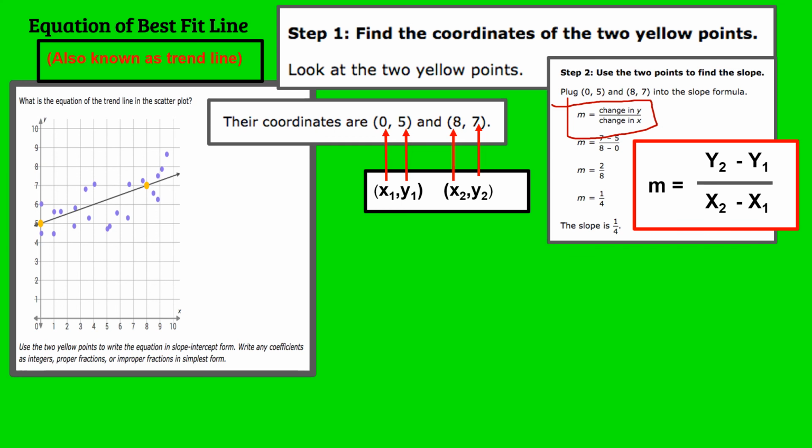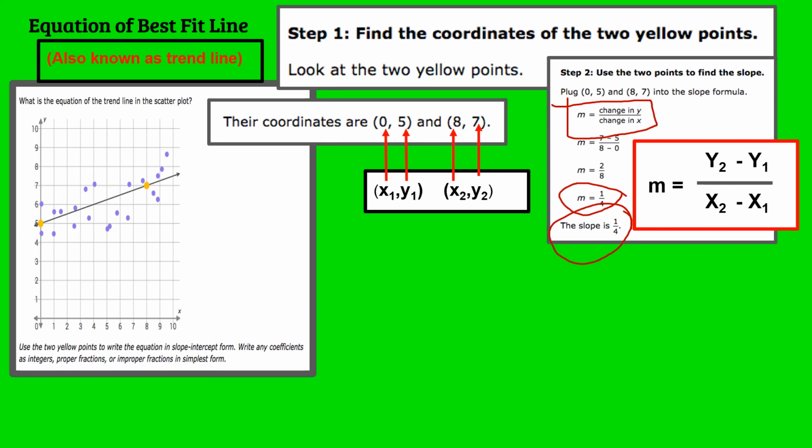Substituting in those numbers, y sub 2 is 7 and y sub 1 is 5, so the numerator gives us 7 minus 5. In the denominator, we have x sub 2, which is 8, minus x sub 1, which is 0. 8 minus 0 gives us 8. So 2 over 8 reduces to 1 over 4. So our slope is 1 over 4.